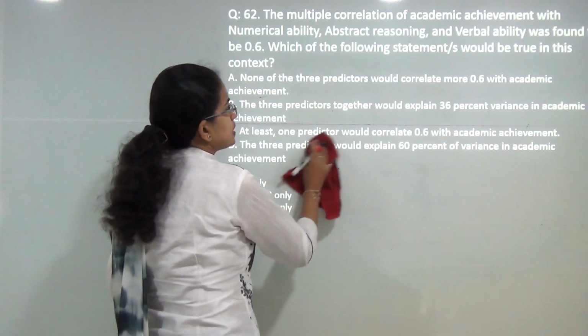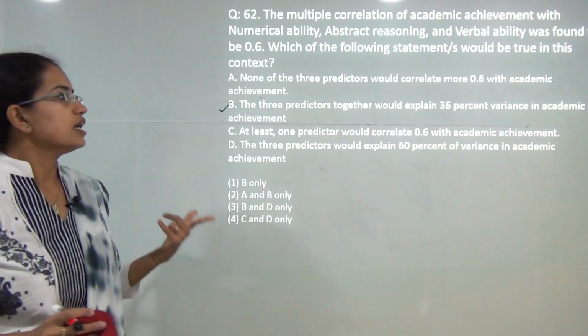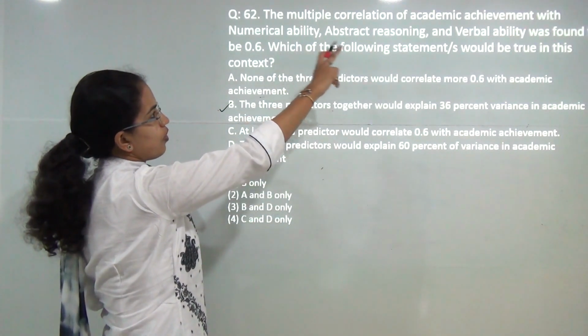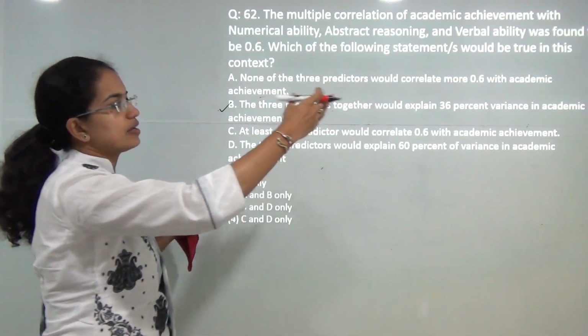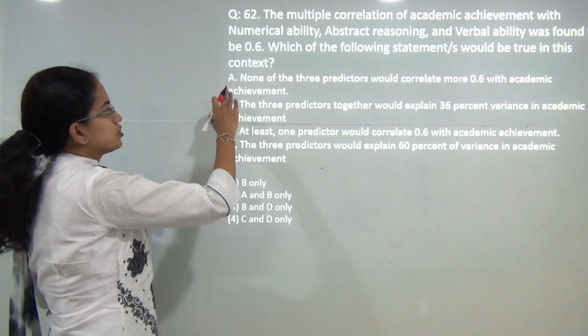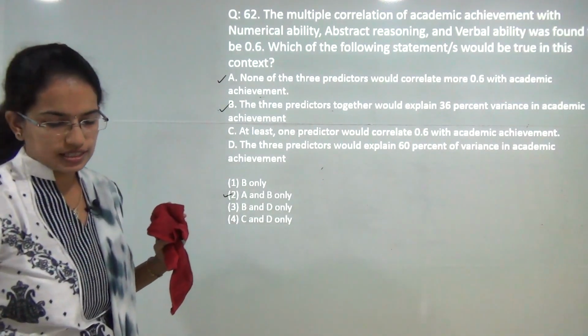And none of these predictors would correlate more than 0.6 with the academic variance, because the final sum of the variance for all 3 variables would come to be 36. So all these would definitely be less than or equal to the given value. So you have A and B as the correct answer. So 2 would be the correct answer here.